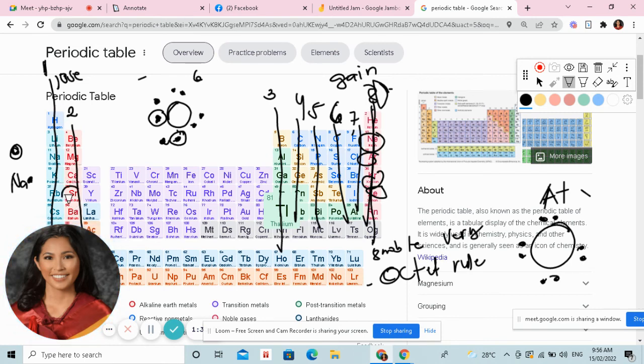Then we have strontium also. How many valence electrons does strontium have? 2.